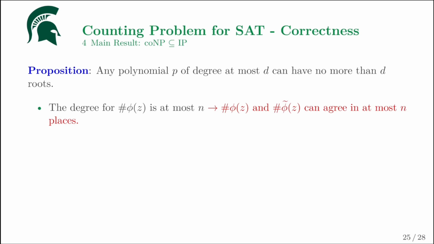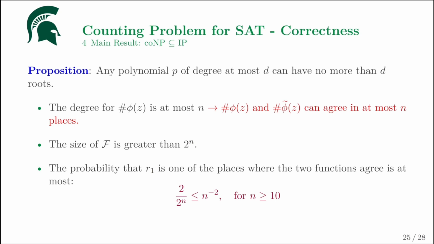Since the degree of number phi z is at most n, this means that the honest polynomial and the dishonest polynomial can agree in at most n places. And since the size of our field is greater than 2 to the n, the probability that R1 is one of the places where the two functions agree is very small.